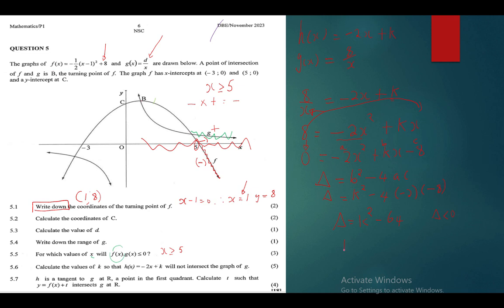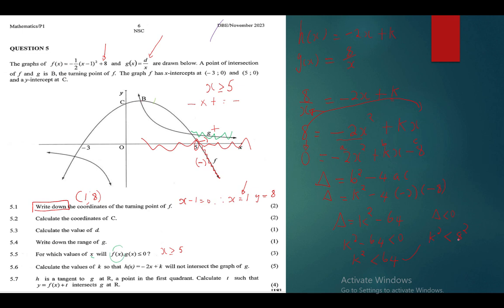So k squared minus 64 being less than 0, then you say k squared being less than 64, which is the same as I'm writing here. k squared is less than 8 squared.